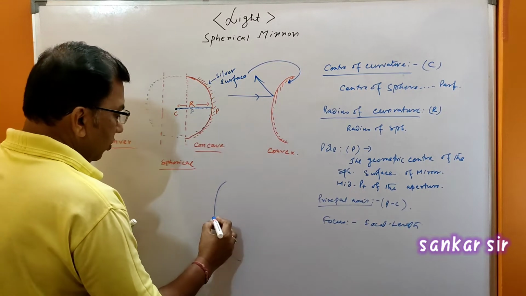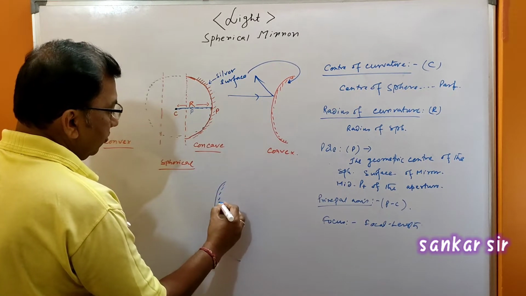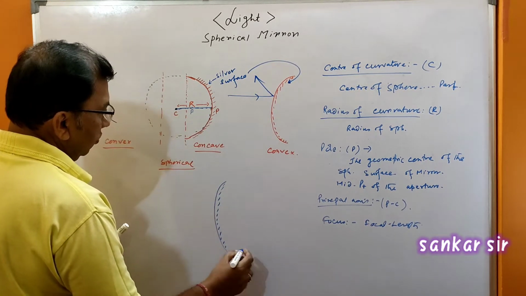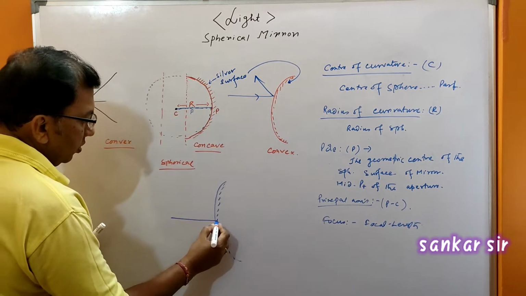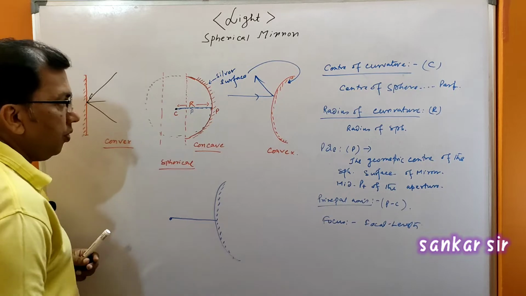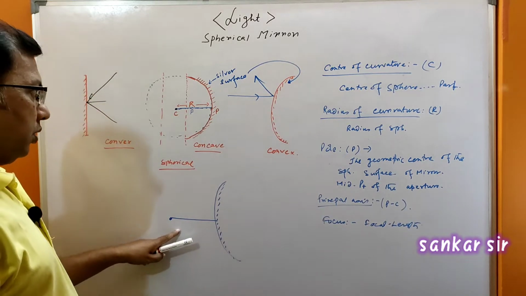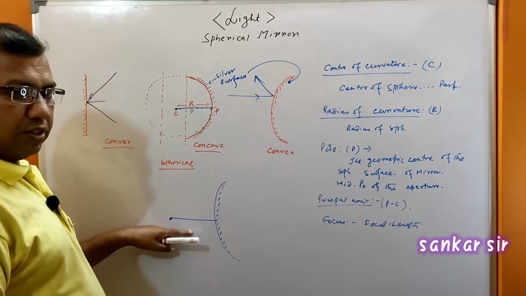So if this is the center of curvature C, the center of the sphere of which the mirror is a part.